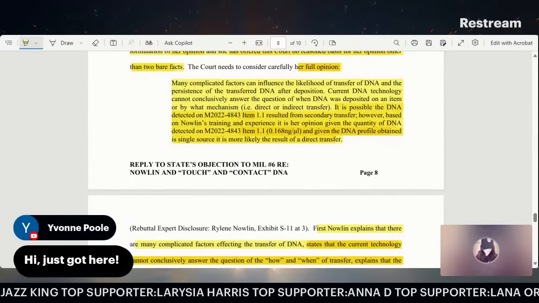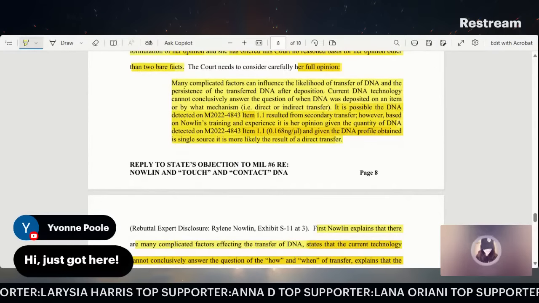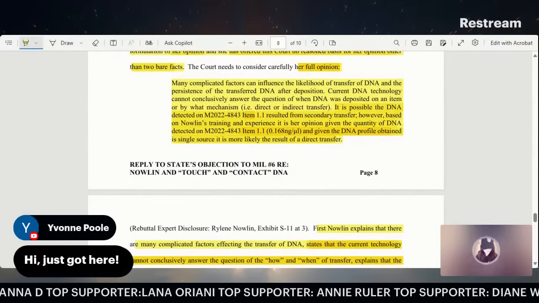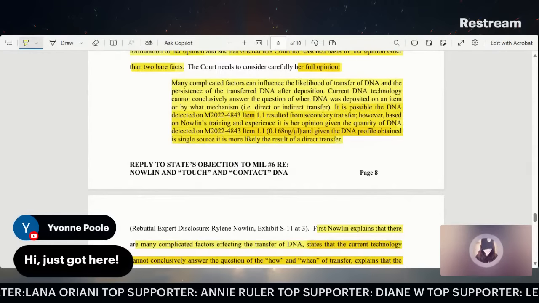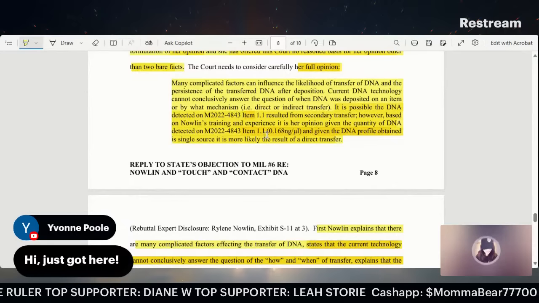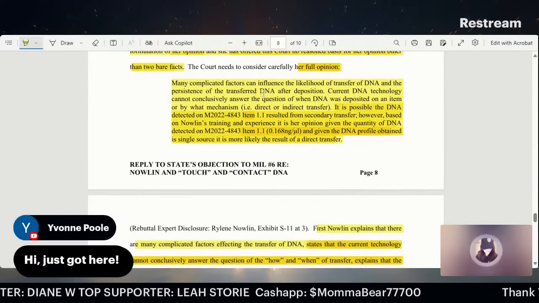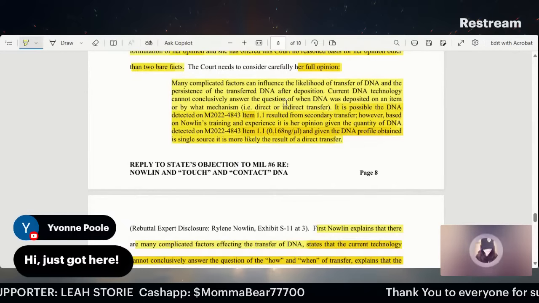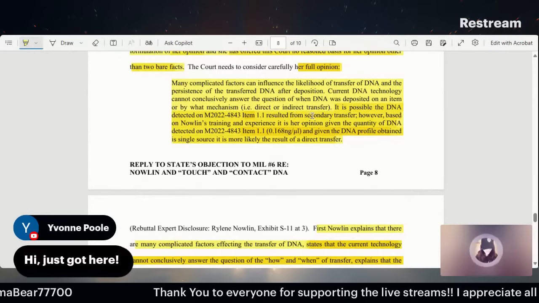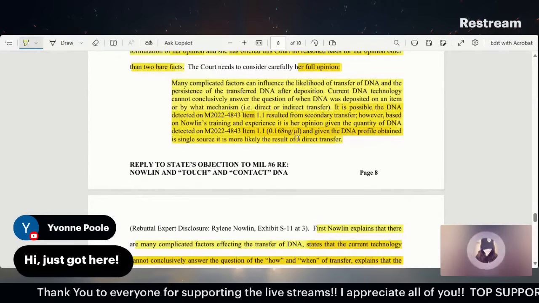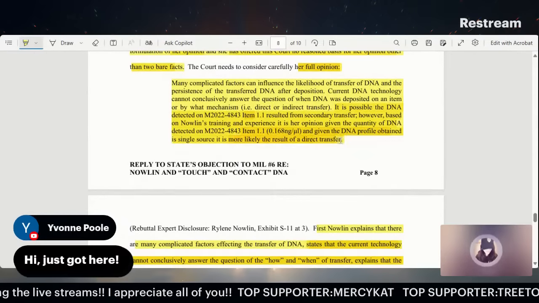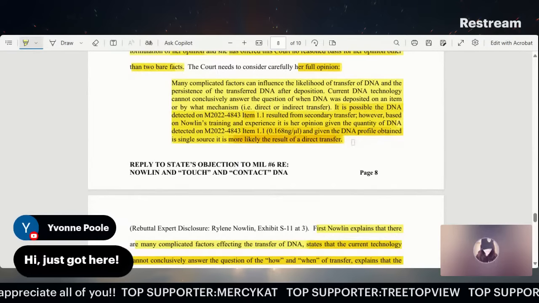I'm not sure. I could be wrong on that. It's my understanding that's like the concentration amount. I could be wrong. If I'm wrong, fine, I'm wrong. Cool. I'll eat my words happily. No problem. But she does say it is possible the DNA detected on the sheath, that's item 11, resulted from secondary transfer. It's her opinion that it's more likely the result of a direct transfer. That's her opinion.